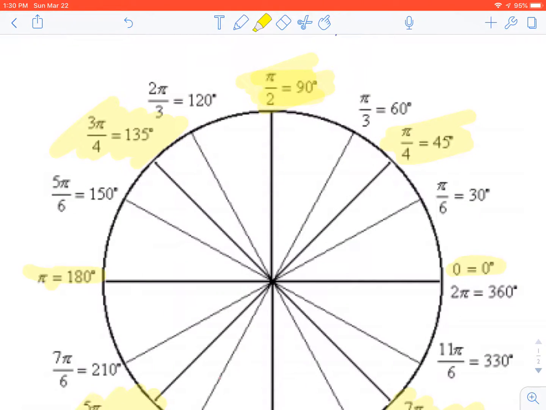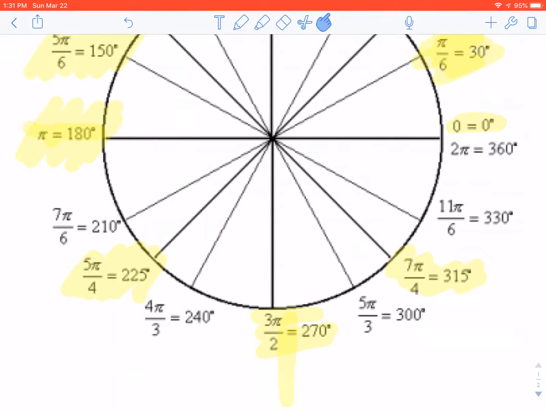And then I'd probably count 3 30s in each 90, so 1 pi over 6, 2 pi over 6 I'll reduce to pi over 3, 3 pi over 6 I already have, 4 pi over 6 reduced, 5 pi over 6, 6 pi over 6 is pi, 7 pi over 6, 8 pi over 6, 9 pi over 6 I already had as 270 degrees, 10 pi over 6 reduced, 11 pi over 6, and then I'm back all the way around.